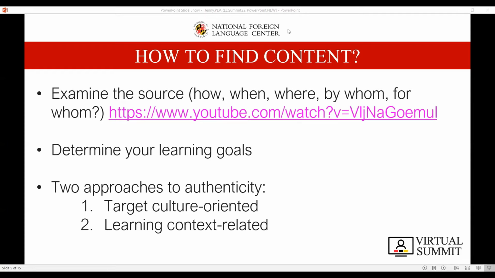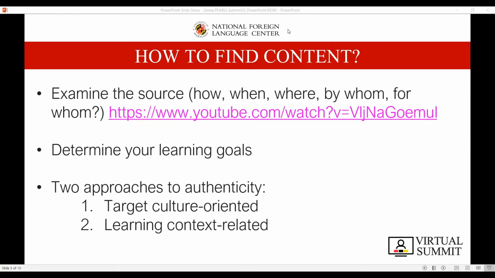For the beginner levels, content can contain timetables, receipts, weather reports, shopping lists, an announcement on a bus, a restaurant menu, recipes, etc. Learning context-related authenticity means that the lesson's current grammatical topics, or topics in general, and learners' experience with the topic are taken into consideration.